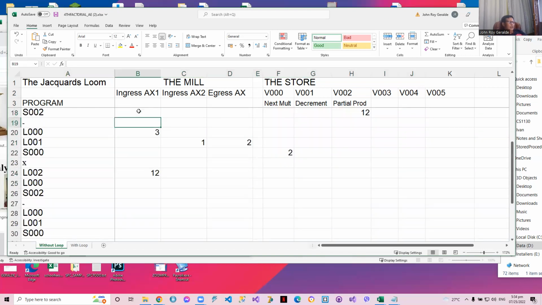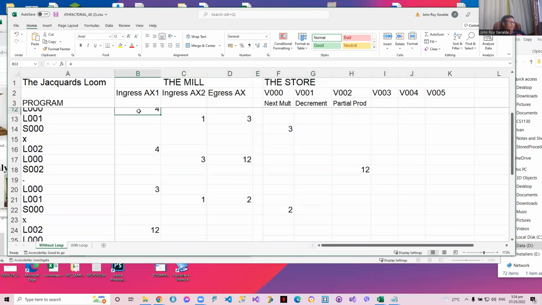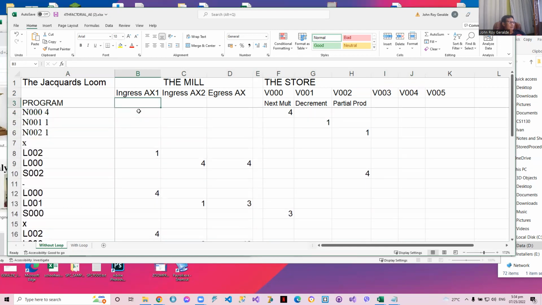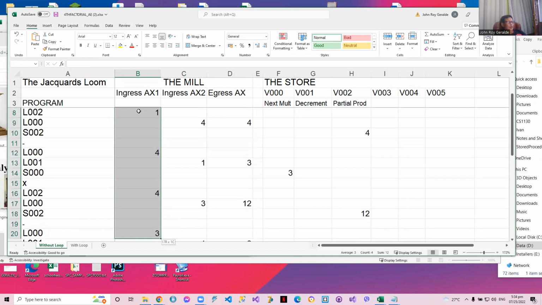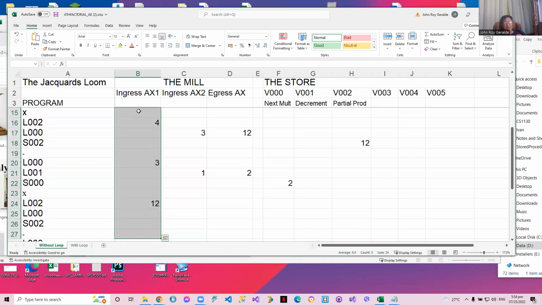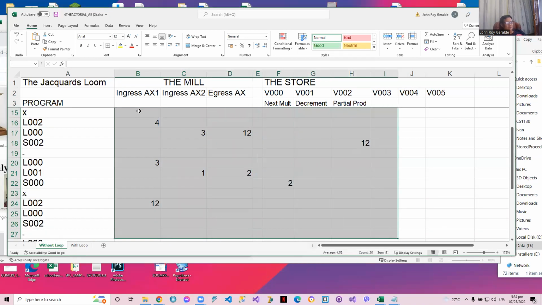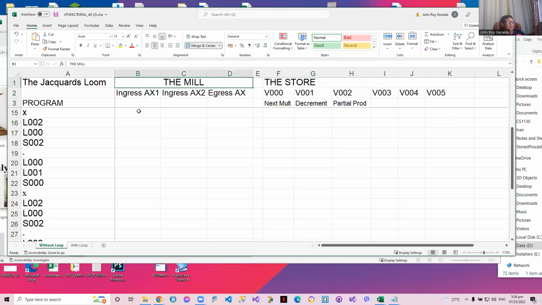Anyone? Nobody knows factorial? Any volunteer? What's the first factorial?